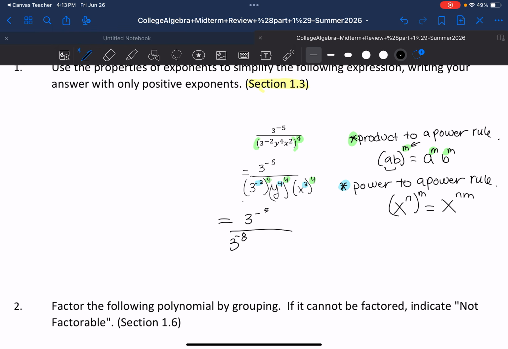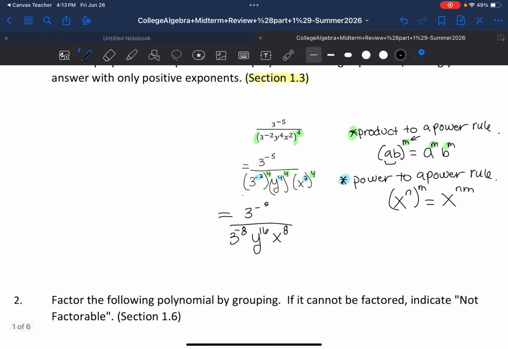The next one will be y to the 4 times 4 power, which would be y to the 16th power. And then the last one would be x squared to the 4th power, which would be x to the 8th power, because 2 times 4 is 8. So that is me multiplying all of those powers together.